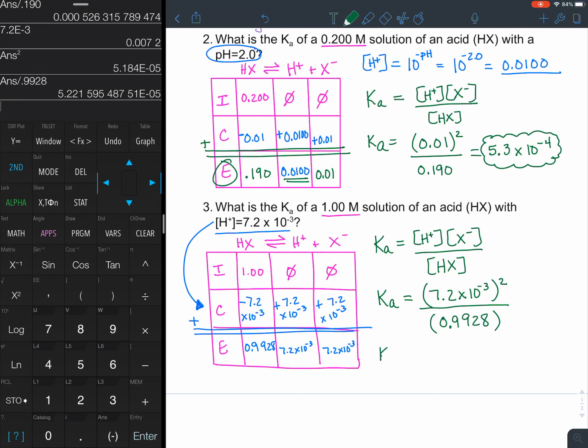So that's our value for Ka. 5.2 times 10 to the negative fifth. And that is how you solve weak acid calculations. It's also how you would do weak base ones if you had something like that. You just use the same principle, just with a Kb value instead.